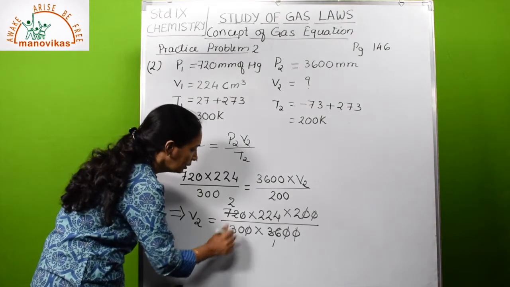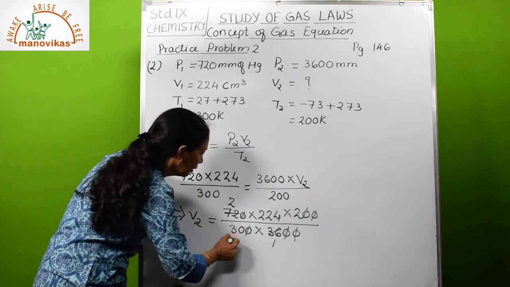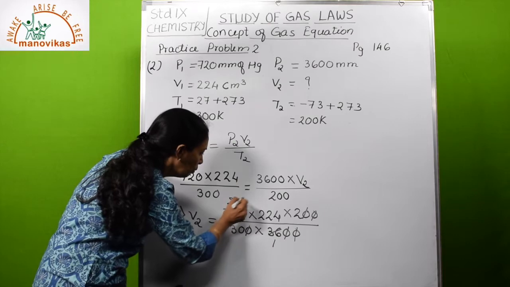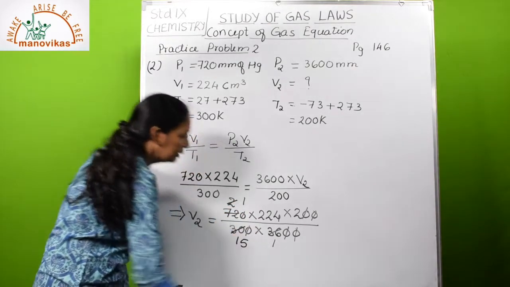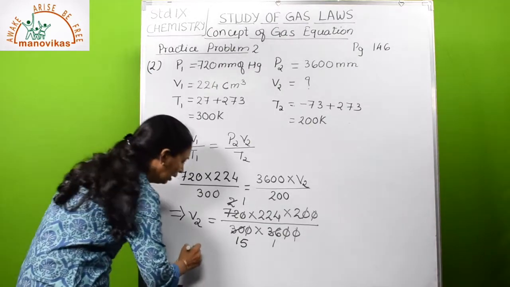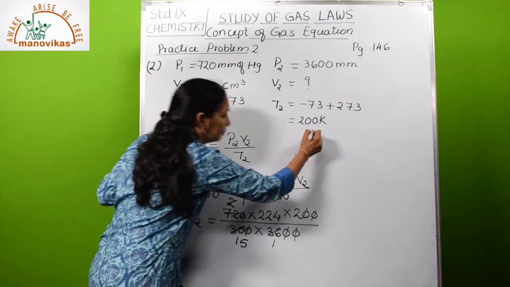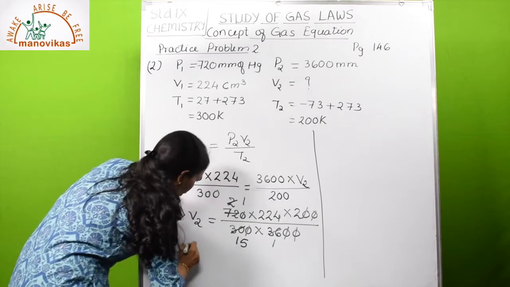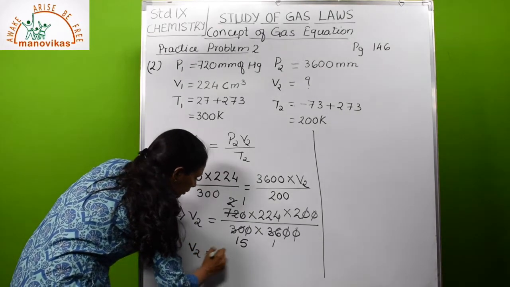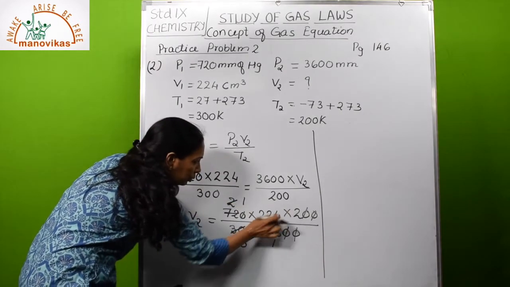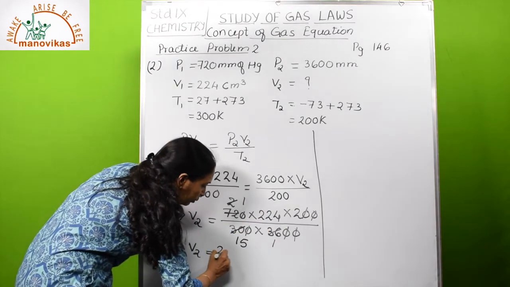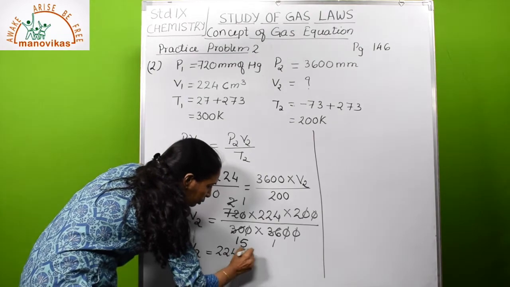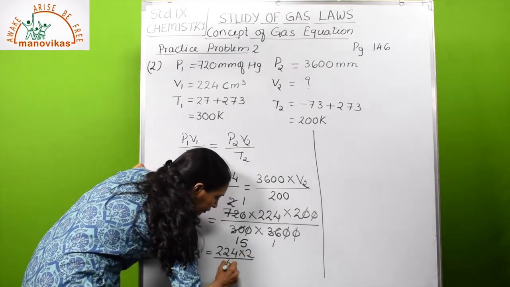Now here this will be equal to 2 ones are and 2 15s are. Then further it will be V2 is equal to this 2 into 224. So you can write 224 into 2 upon 15.